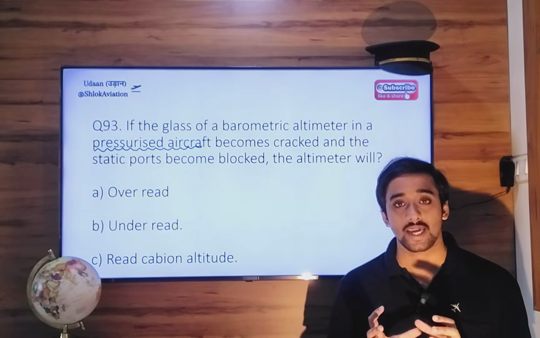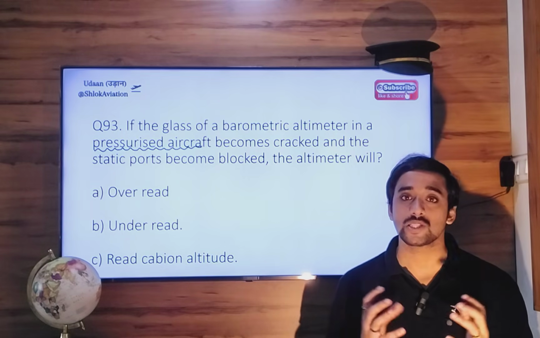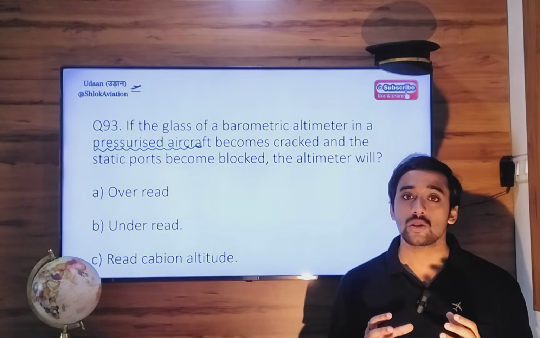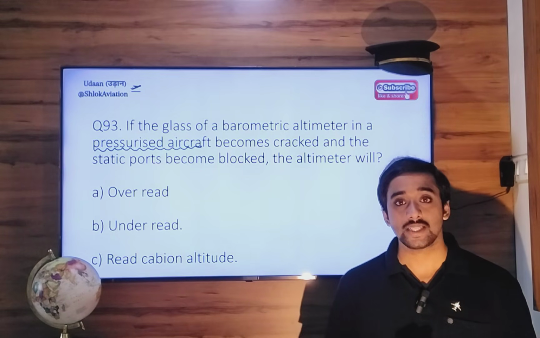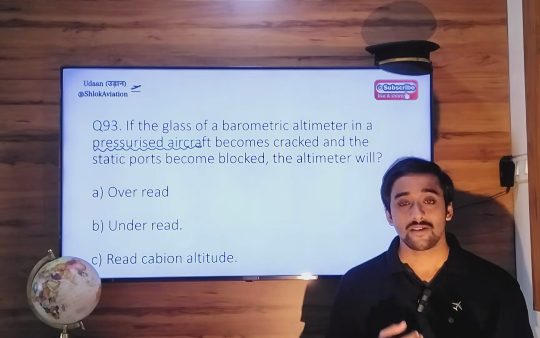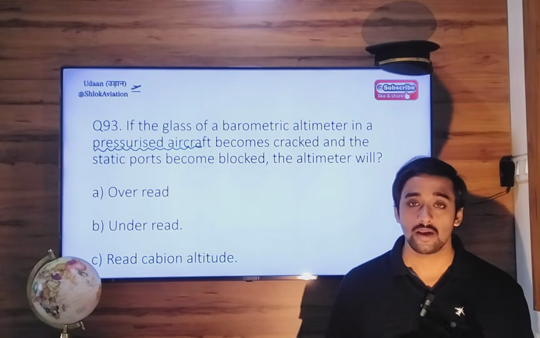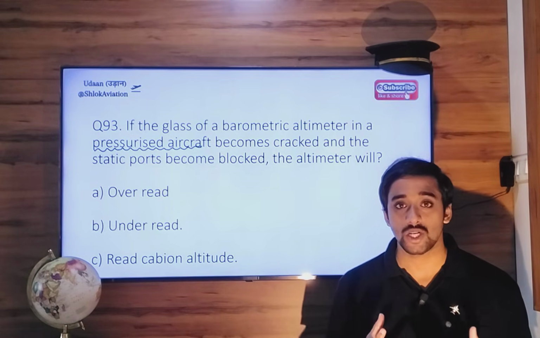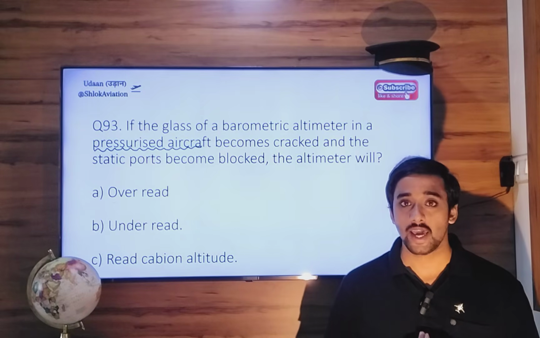The pressure inside the cabin will be much more than the pressure outside the cabin. So even though the pressure outside the cabin is less, the pressurized aircraft makes it possible for us to fly at very high altitudes, which comes with many advantages like fuel efficiency, great speeds owing to jet streams, etc. So that's why we make use of pressurization in an aircraft.